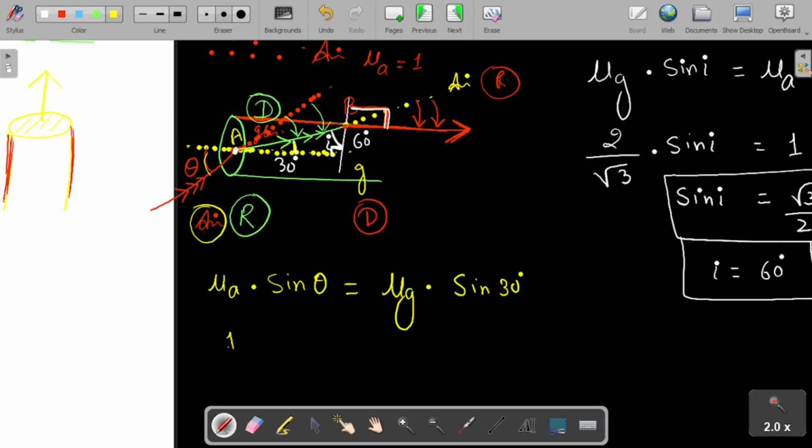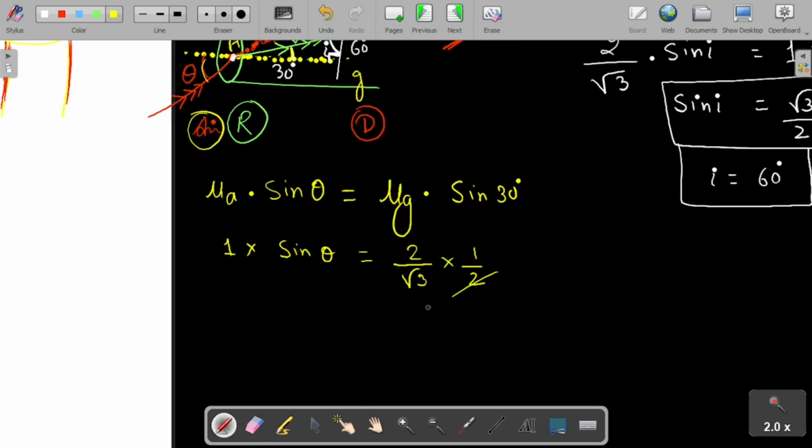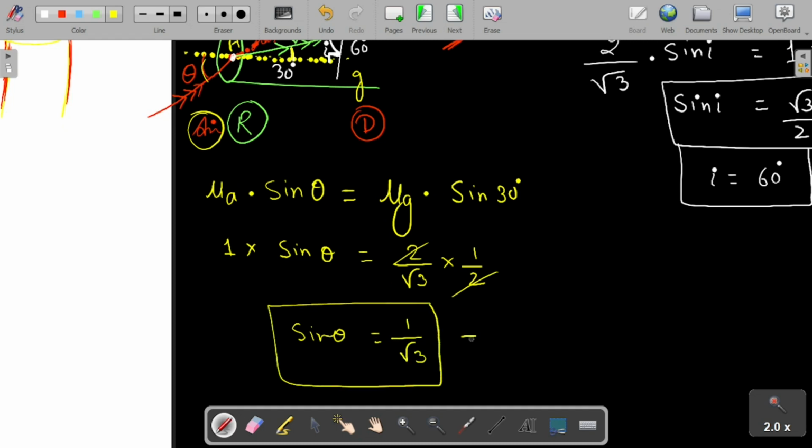So mu a is 1, sine theta stays as sine theta, mu g is 2 upon root 3, and sine 30 is 1 by 2, that's half. So from here we can solve this. Sine theta is equal to 1 upon root 3. So theta is sine inverse of 1 over root 3.